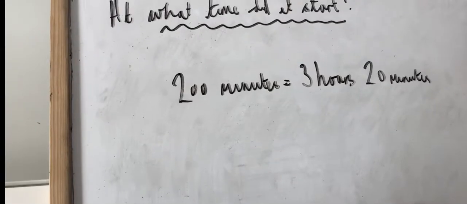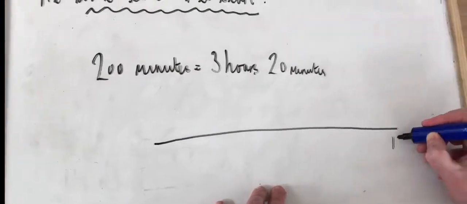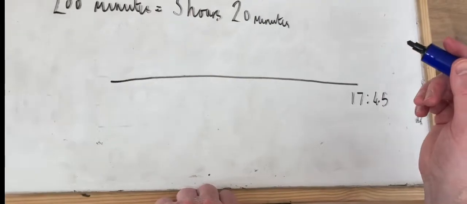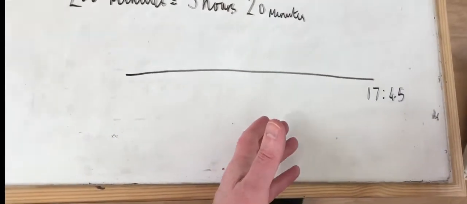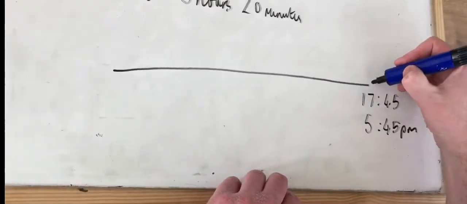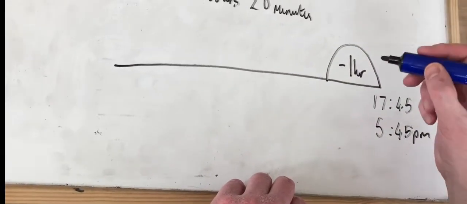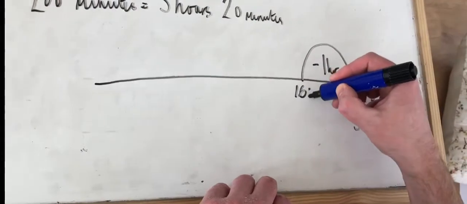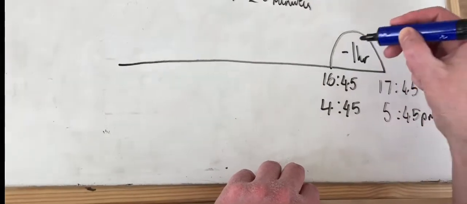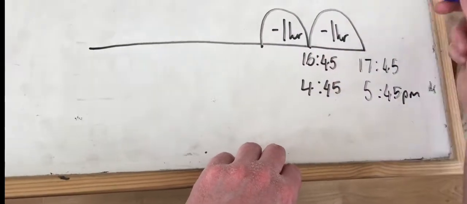Now it finished at 17:45, so we need to take that away. Whenever we're subtracting or adding time, we use a number line. So we're going to take away 3 hours. As it's a 24-hour clock, it's actually 5:45 p.m. Let's subtract 1 hour, and it takes us to 16:45, which is 4:45. Subtract 1 hour again, which is 15:45.